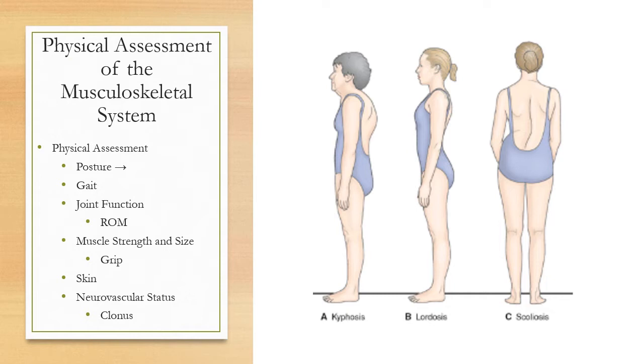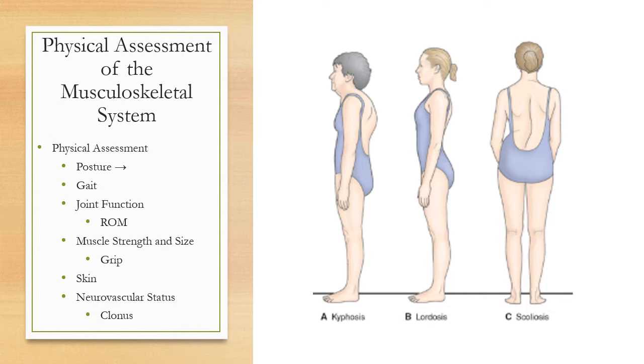Typically from osteoporosis, and you get that humpback appearance because the compression fractures are causing not only a reduction in height of the person, but they're causing that rounded appearance of the back. That's called kyphosis. Okay, so thoracic kyphosis.